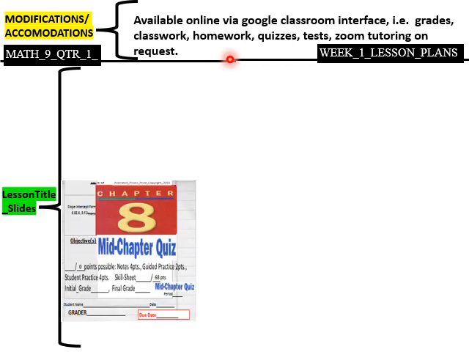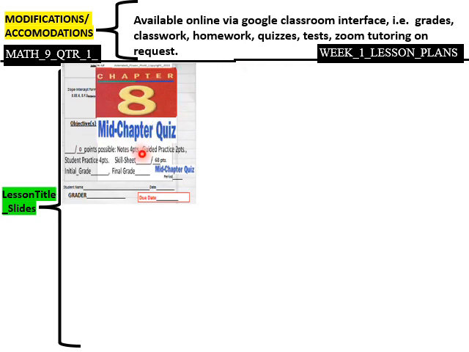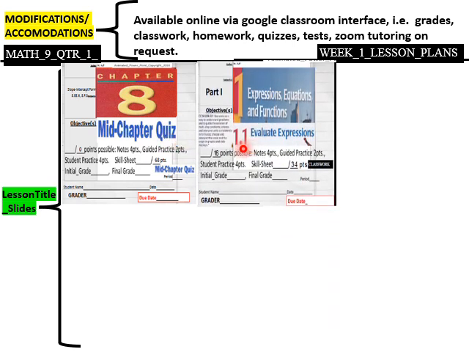Let's go into our assignments for Week 1. We start out here with your mid-chapter quiz. This is your pretest for Math 9, Quarter 1, Week 1. It's a mid-chapter quiz from pre-algebra, and it's 68 points. Then we go into part 1, evaluate expressions, from the standard above.